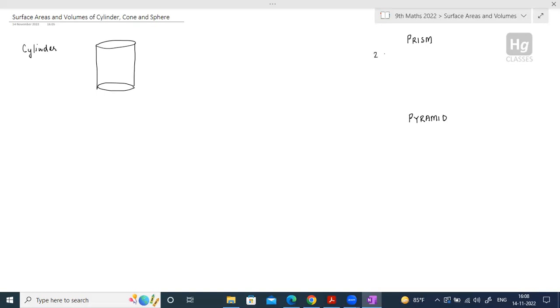Prism has two identical surfaces joined together by rectangular surfaces.